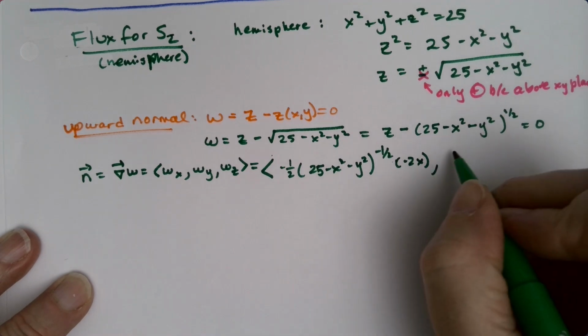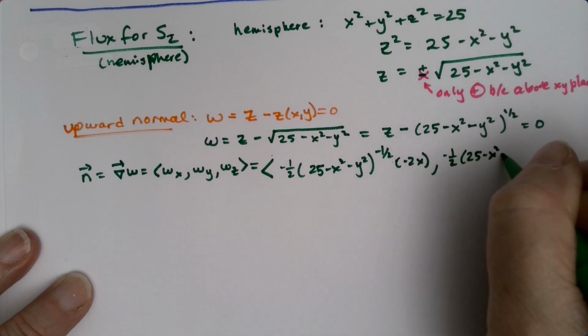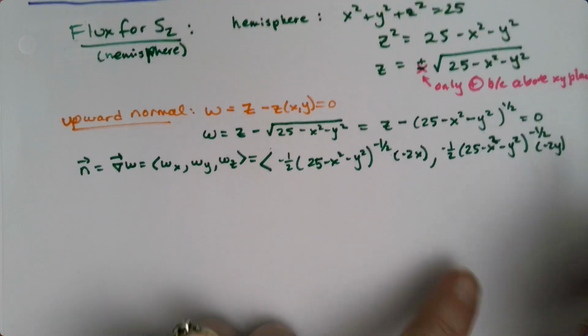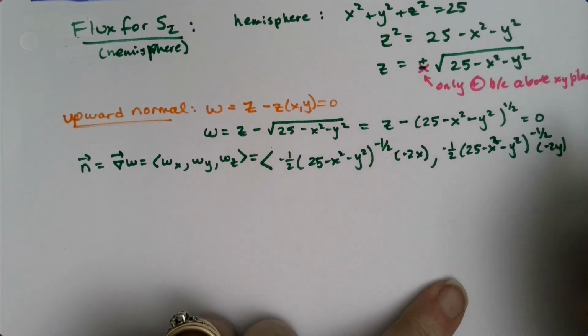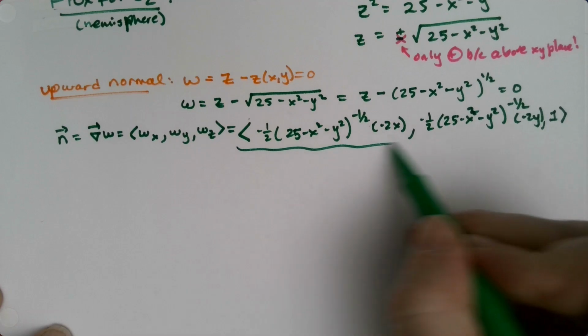You do the same thing for y: negative 1 half, (25 minus x squared minus y squared) to the negative 1 half, times negative 2y. And luckily for us, the derivative with respect to z is really easy. It's 1 because we're going upward. There's your normal vector.